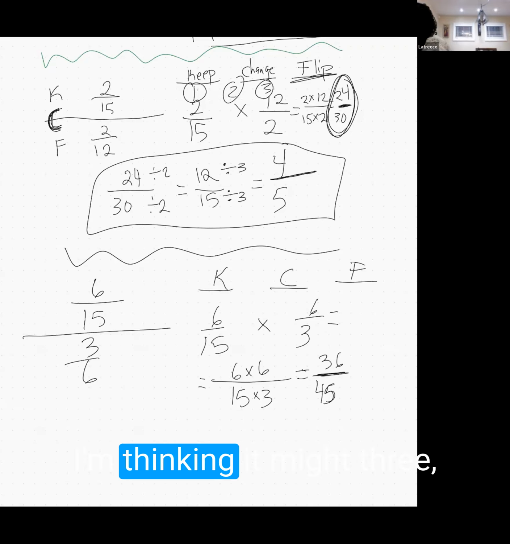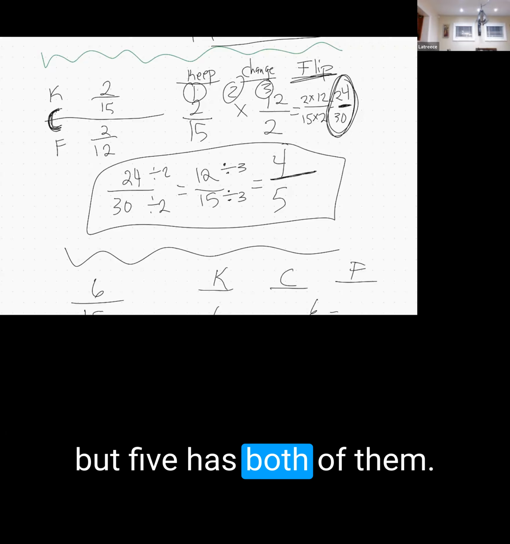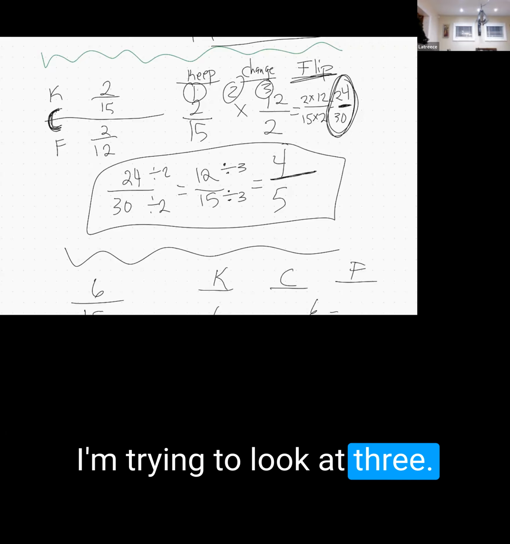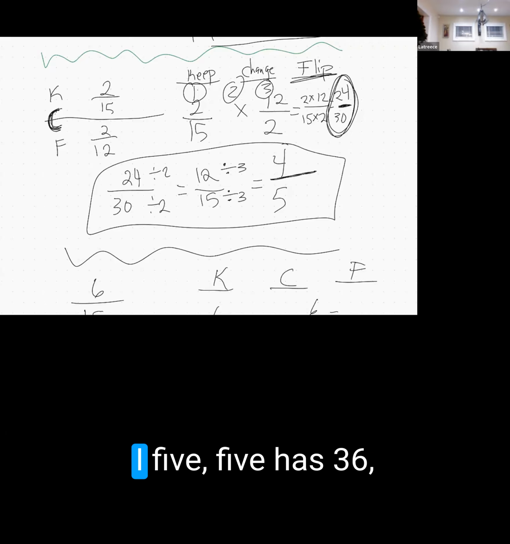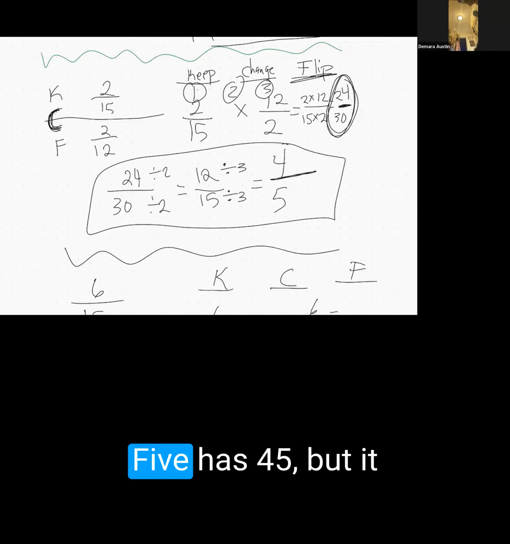I think there might be 3, but 5 has both of them. 5 has 45, but it doesn't have 36. Hold on one second. 3 does work.